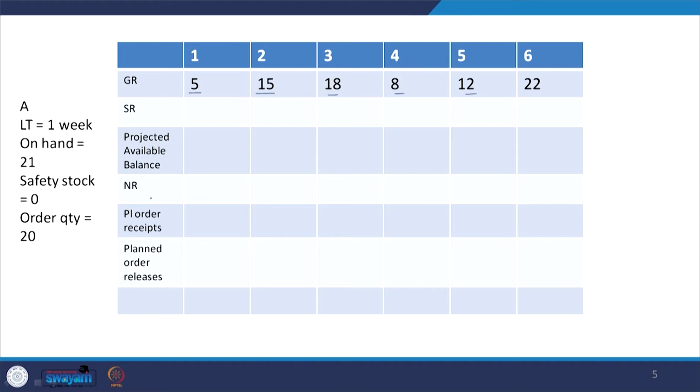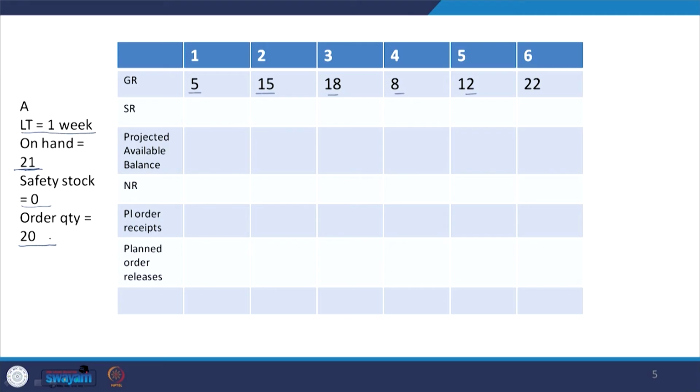The lead time for A is 1 week, so whatever we need in the second period, we need to order 1 period before. On hand inventory is 21, safety stock requirement is 0 and order quantity is 20 units.